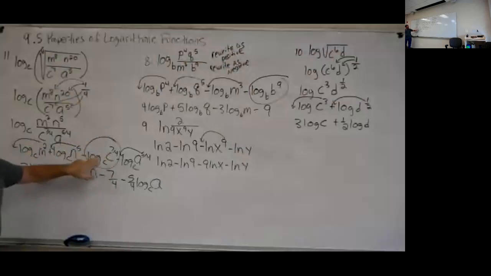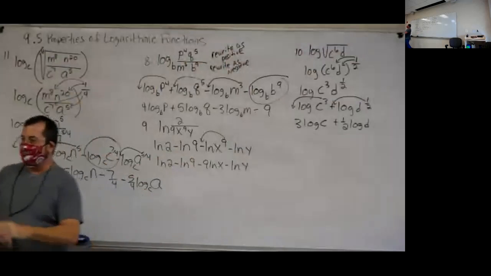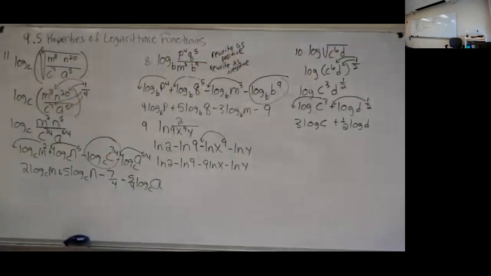Log C of C to the 7/4. I'm just circling it to remind y'all that since those bases were matching, that's just going to equal the exponent. That's probably the craziest one because it's got so many things in it, and you have to do all the radical converting on some of those.